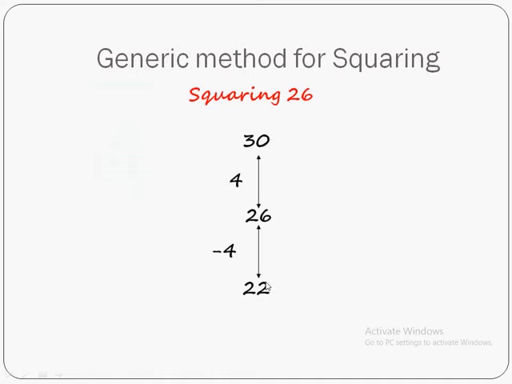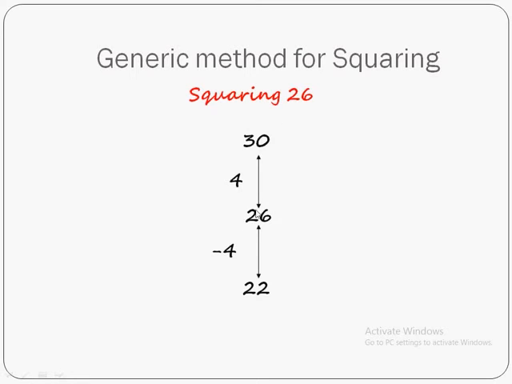Now why I covered this multiplication method is because I will be using it here in squaring. Now with this squaring method, I am very sure you will be amazed. Now here what I'm doing is I'm squaring this number, that is 26. Now what I have to do is find the nearest number ending with 0.